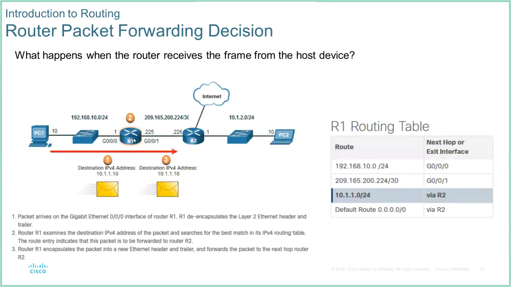And the destination network says I need to get to 10.1.2.0/24. And you're going, okay, so how do I get there? I get there via router 2.